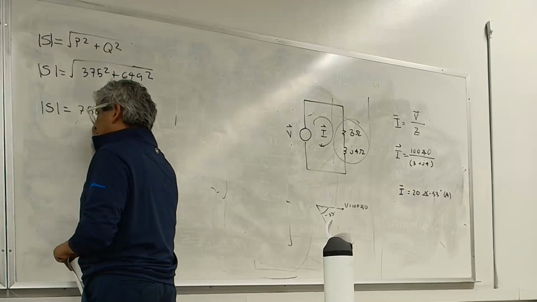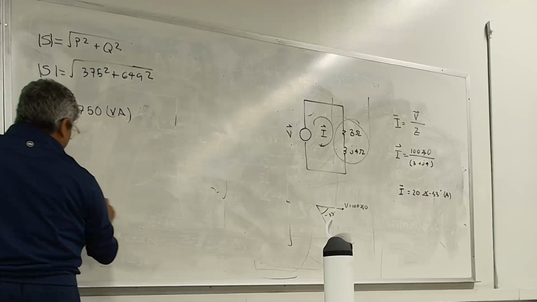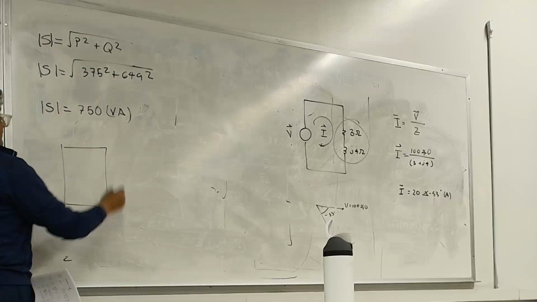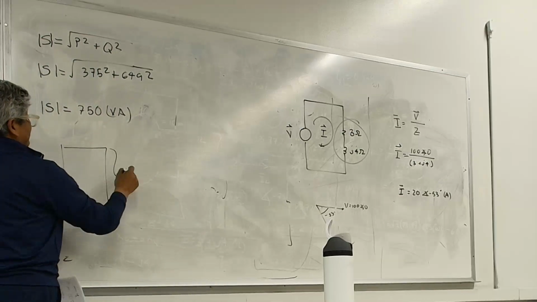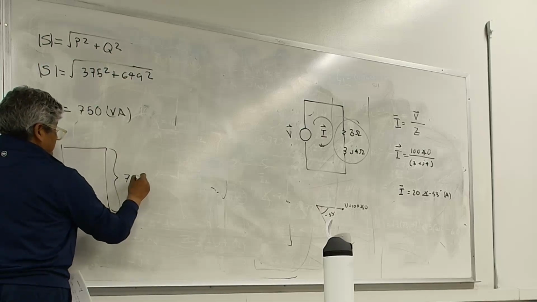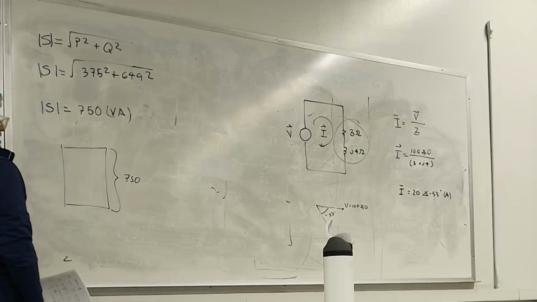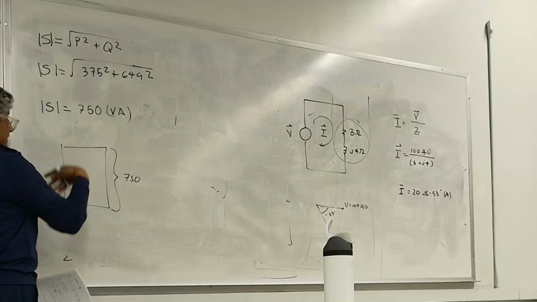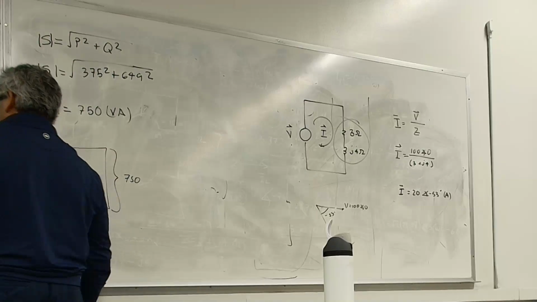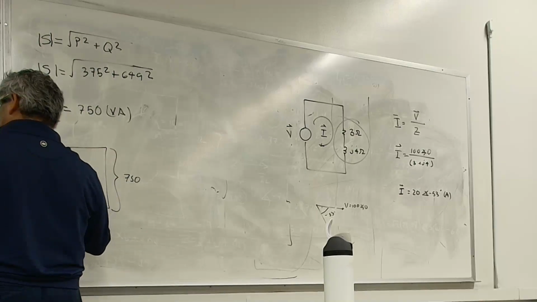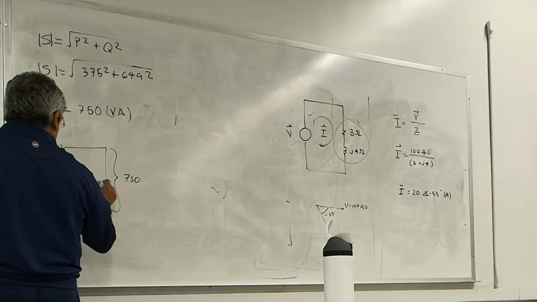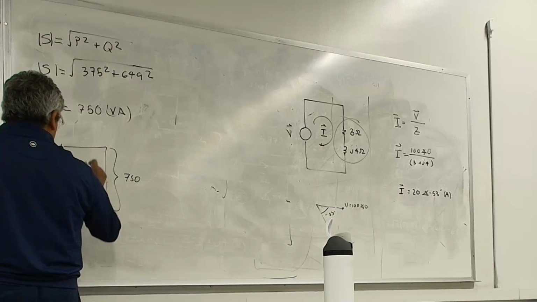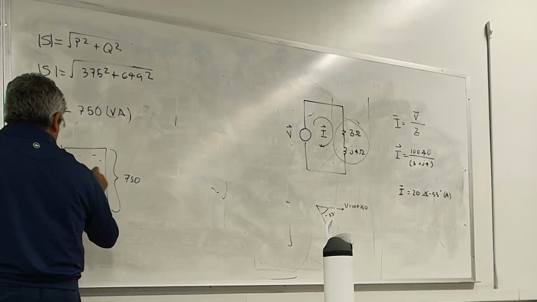Okay, so basically I have a transformer whose full capacity is 750 volt amperes. And the way I'm splitting my real and reactive power, the real power is somewhere around here, and the reactive power is this.